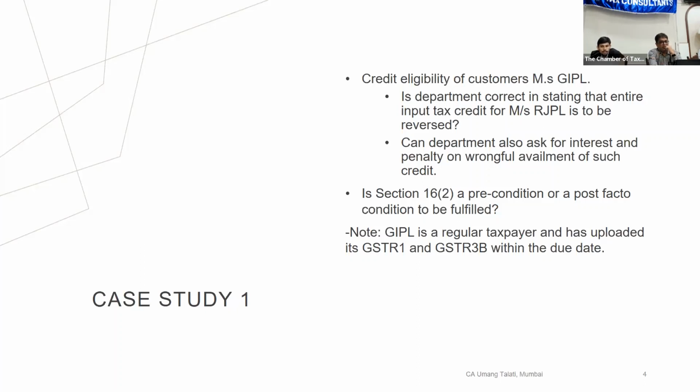But my question is, in section 16.2, not all conditions can be fulfilled on the day you are actually filing your 3B. For example, whether the supplier has paid the tax or not, I cannot confirm today. I'll give you an example. Say on the 18th you are filing your 3B and on the 20th he is filing his 3B. It is possible he may have reduced it. See, it is possible. So certain aspects will only be post facto.